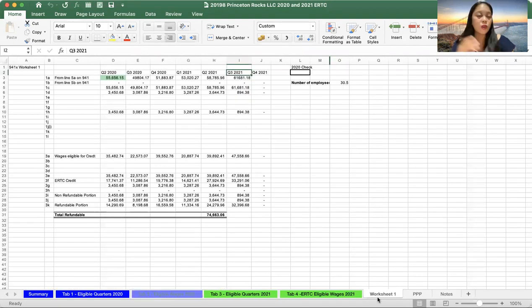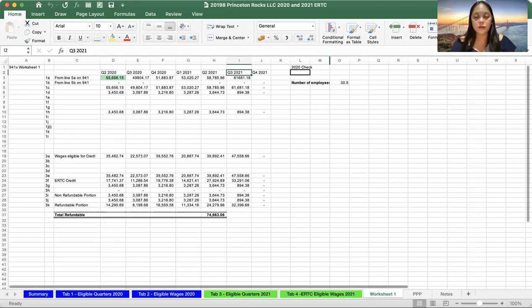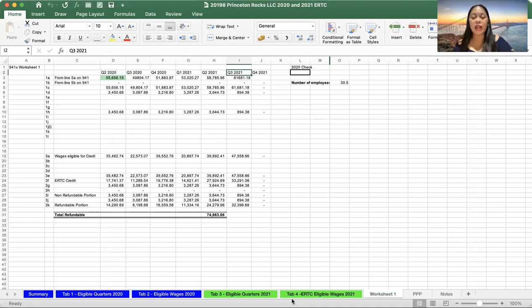As I go through the other tabs in this worksheet, this is where I input the 941 from quarter 2 2020 to quarter 3 2021, because this tab provides the total refundable amount that the company will claim in presenting this tax refund to the IRS. So that's basically how I do things in my ERTC tax computation.